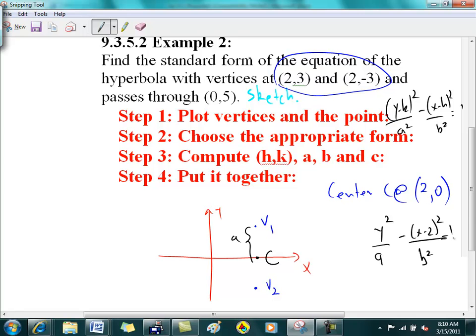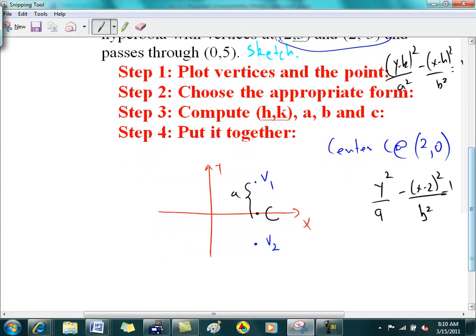So I need to find that. Someone tell me how to find b squared. Yeah, Henry? Exactly, you plug in (0, 5) into that equation. Then you get 25 over 9 minus 4 over b squared equals 1.